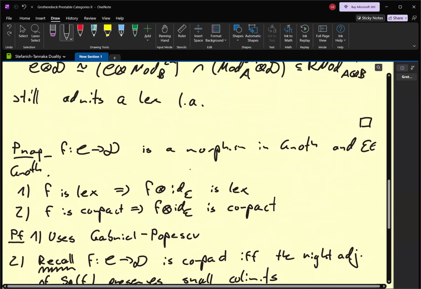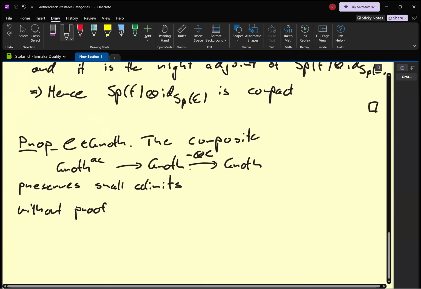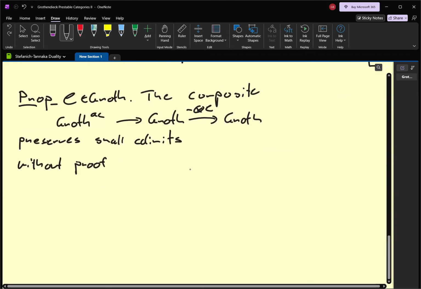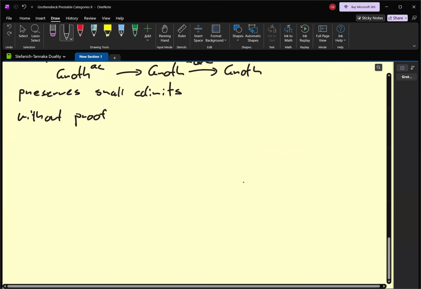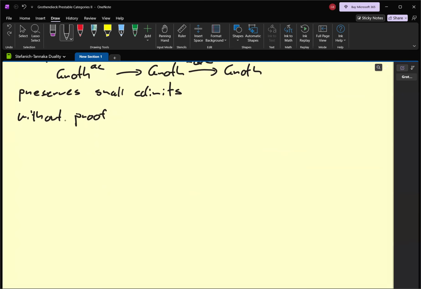And now we will introduce a new notion. It's also a very natural notion, and the notion is called completeness. The idea is just to capture what the connective half of a complete t-structure would look like. So we need a little bit of notation.